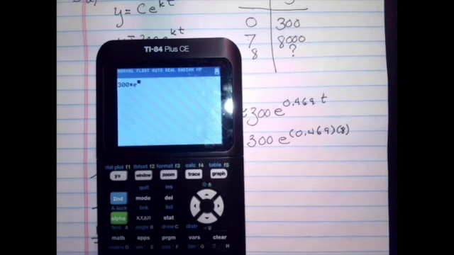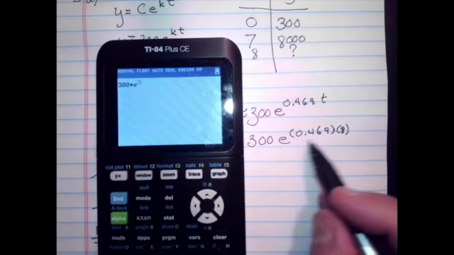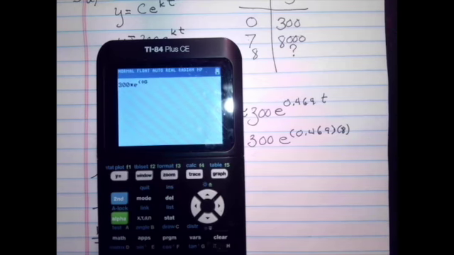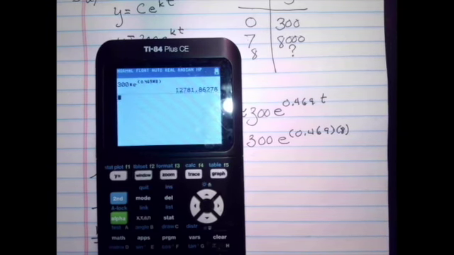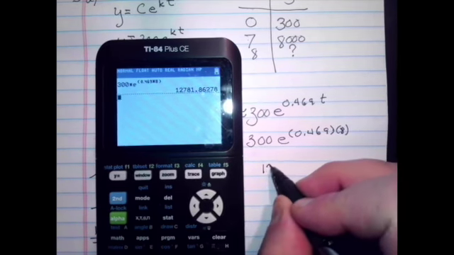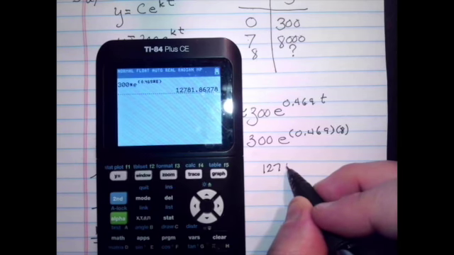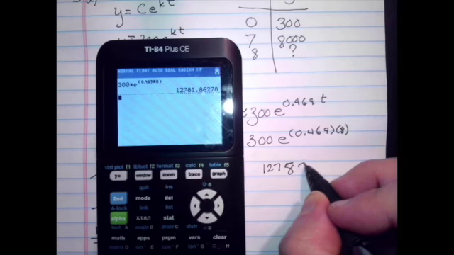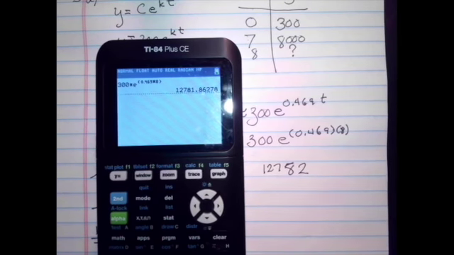So I'm going to put all of that exponent in parentheses. 0.469 times 8, close the parentheses, hit enter, and we get approximately 12,780, I'll round that up to 12,782.